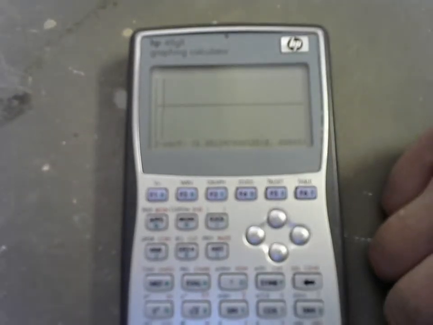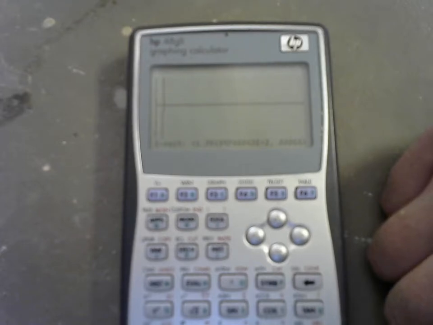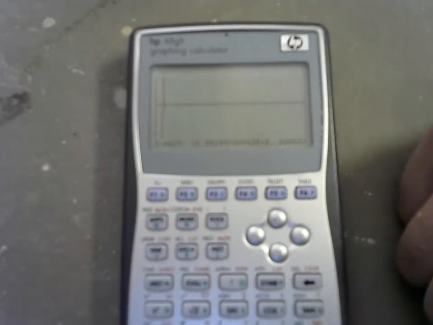So you'll hit enter for the first function, enter for the second function, and then it will ask you for a guess. And the point of that is that there may be more than one intersection, and so you just move your cursor over close to the intersection that you're interested in. In this case, we only have one intersection on screen.